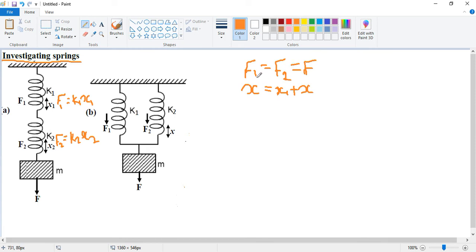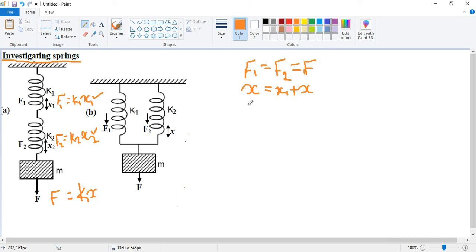But remember, we have said F1 is equal to F2 is equal to F. So if I make X1 the subject in this equation, and X2 the subject here, then from Hooke's law, F is equal to Kx, where K is the effective spring constant and X is the effective or total extension.